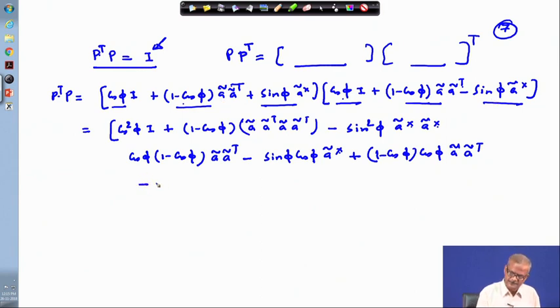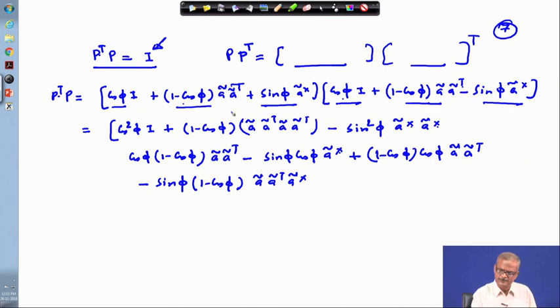So, this comes with minus sin phi times 1 minus cos phi, A tilde times A tilde transpose times A tilde cross. You have to take care that you are putting it in proper order, order should not be destroyed.